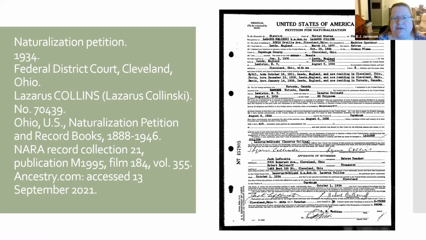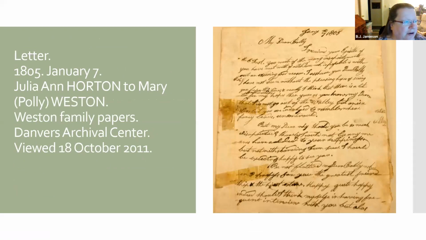Does this make sense to everybody? So here's one. This is a letter from my couple-greats grandmother to her future sister-in-law. And so I've got letter as the type of record, and you could choose differently; you could call it correspondence if you want. Just be consistent.